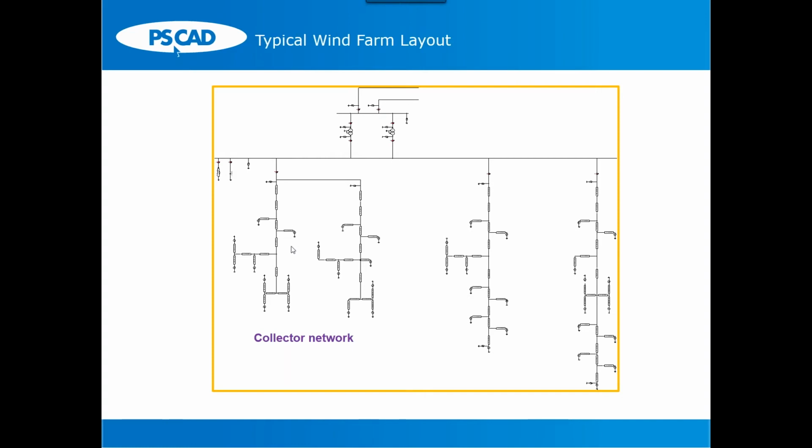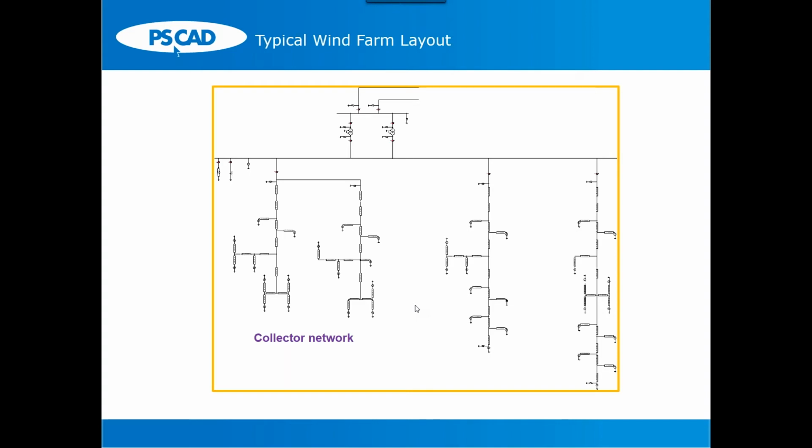There are many, maybe tens of wind turbines or solar inverters connected to a single feeder through the collector network. So all these are either overhead line segments or cable segments. And then in this case, there are 3 feeders, and feeder 1 has 2 branches.